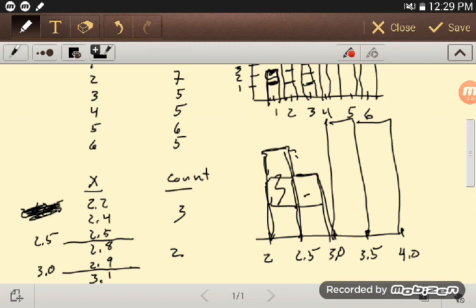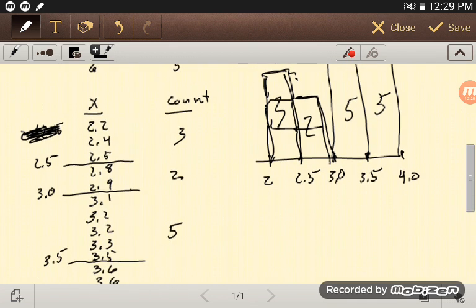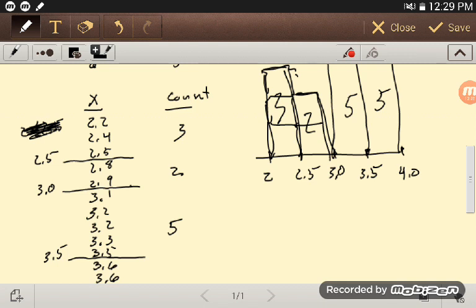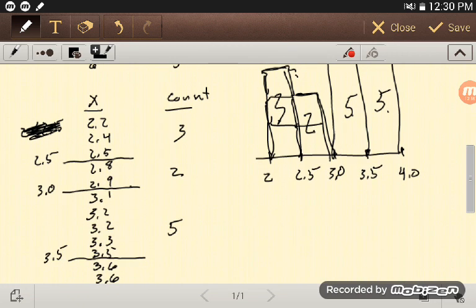So there were 3 here, 2 there, 5 there, and 5 there. And now they touch because this is saying I've got all possible values between 2 and 2.5, all possible values between 2.5 and 3, between 3 and 3.5, and then 3.5 and 4. But how many did I actually observe? I actually observed 3, 2, 5, and 5. And so that's how I'm using a histogram.